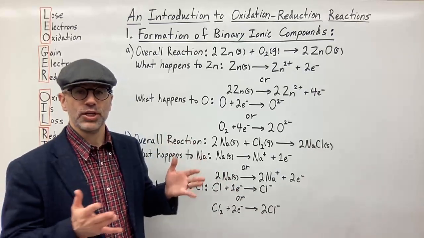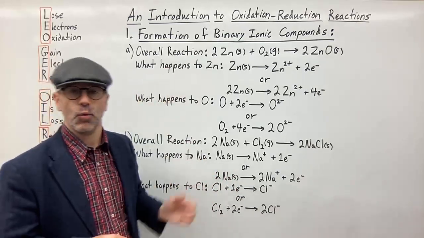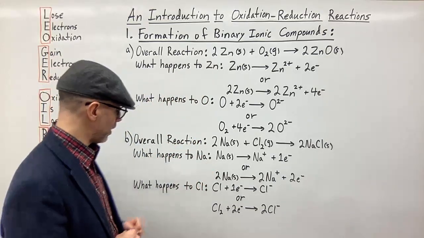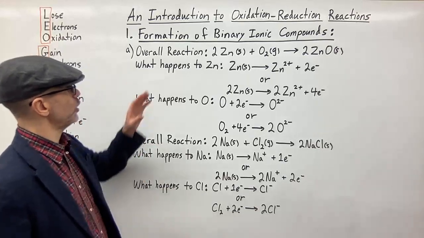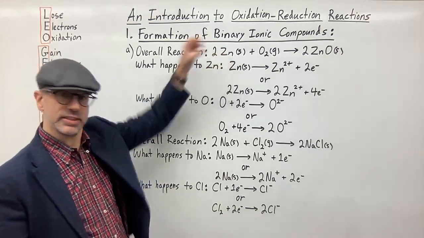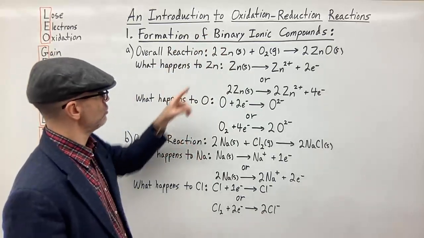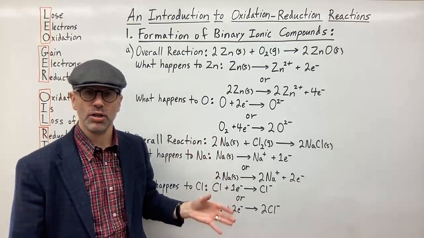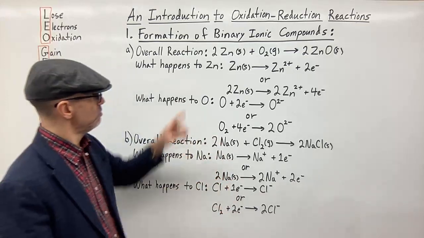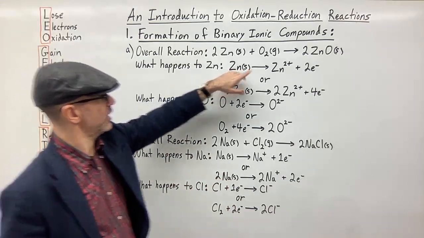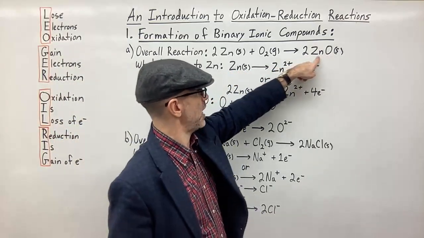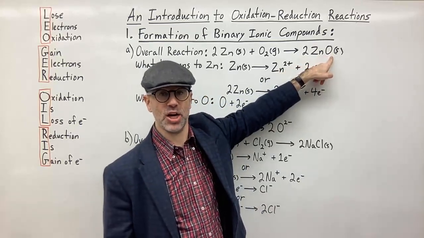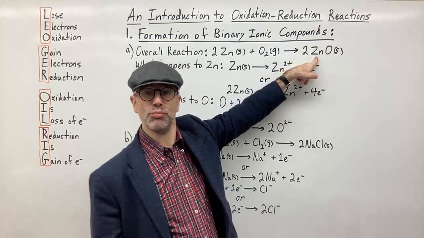So what we can do here is just look at what is happening to each element in the formation of this ionic compound. Let's take a look at zinc. Zinc here is a solid and has no charge on it. It's a neutral atom. Then, in the formation of this ionic compound, in order to balance the charge on oxygen, which has a 2- charge here, zinc has to have a 2+ charge.